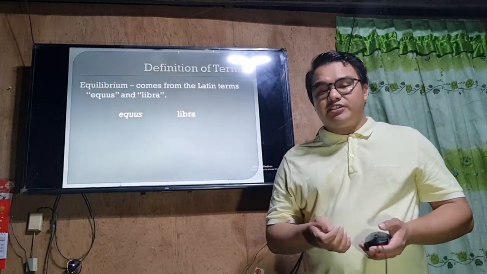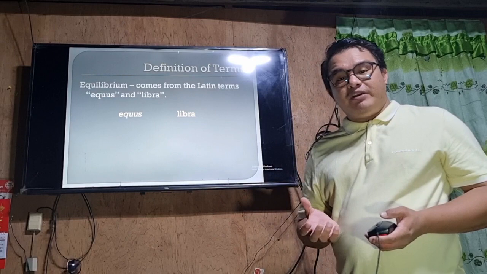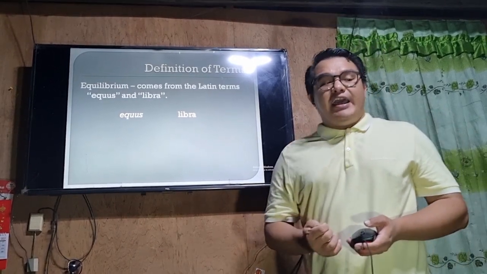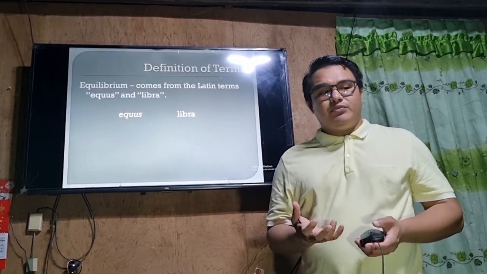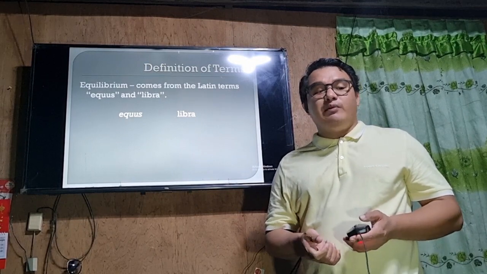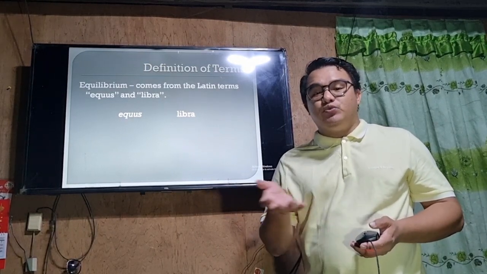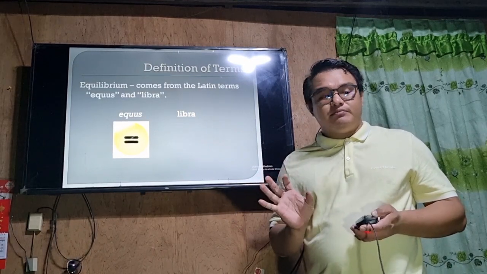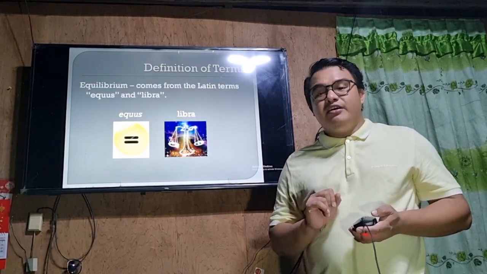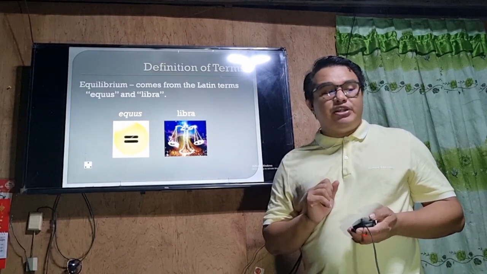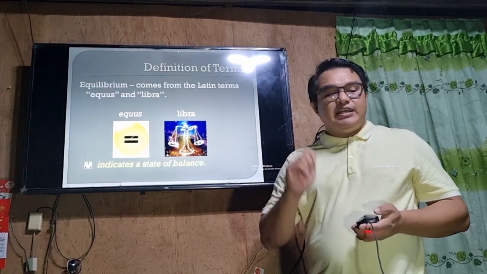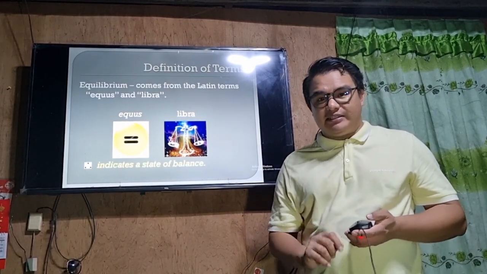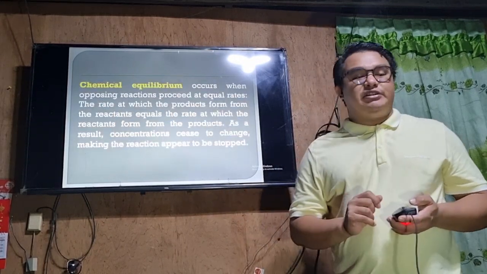To start with our topic for today, let's define equilibrium. Equilibrium comes from the Latin terms equus, meaning equal, and libra, meaning balance. Therefore, equilibrium indicates the state of balance in a chemical reaction.